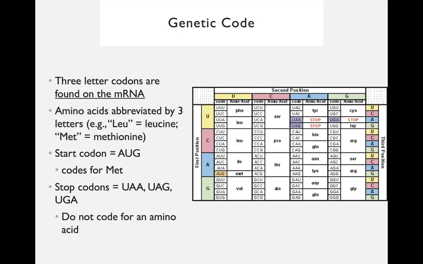But just one letter being off can make a huge difference. Sometimes it doesn't matter at all. Like I said, there's a lot of redundancy. So if a codon was supposed to be CCA, but it ends up being CCC, it's going to code for the same amino acid, so it doesn't really have an effect. We'll talk about that more on Wednesday.